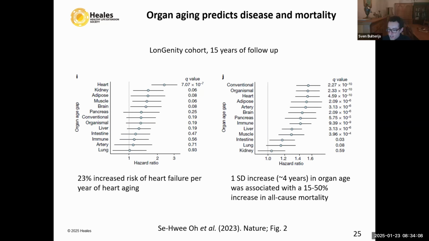Your clock may then be very good at looking at people and saying, oh, your heart is aged or your liver is aged, but the clock may then fail when you start to do an intervention that improves the aging of the organ, because you're also looking at intervention in things that are protective.